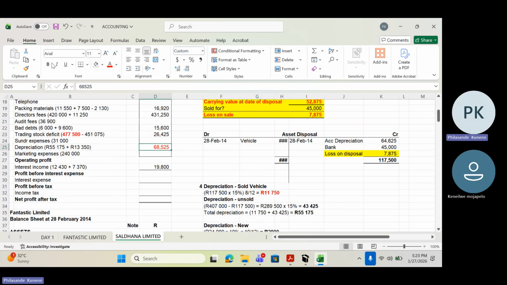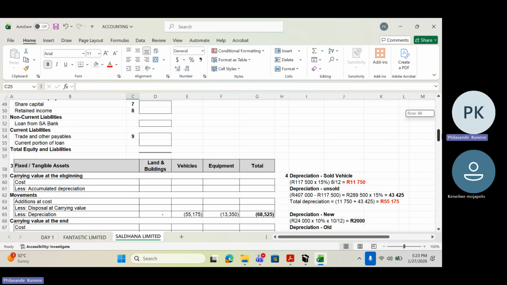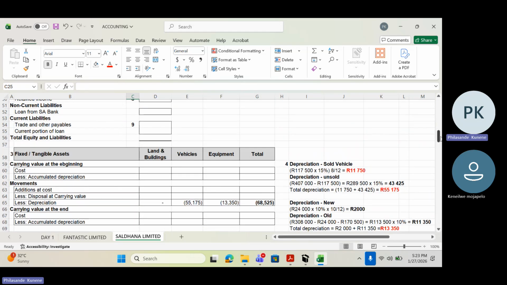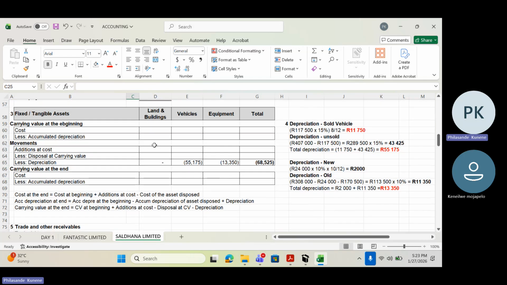It should always be the same. This shows that there is a relationship between the note and the income statement, the balance sheet, and even the cash flow statement, when it comes to additions and disposals. We'll talk about that when we're doing the cash flow statements.